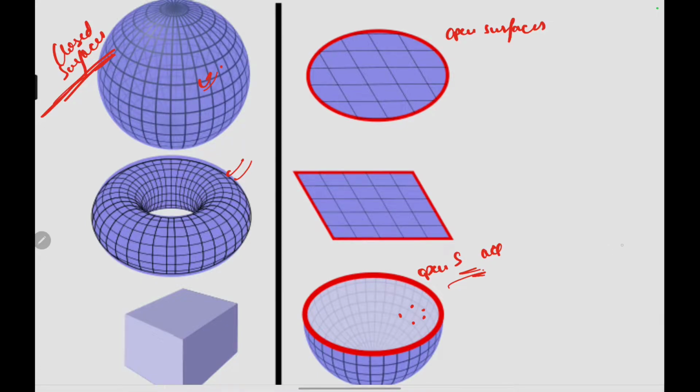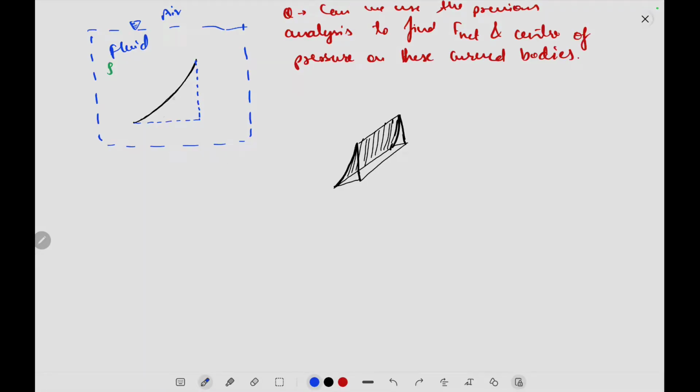Then let's come to our question. This is the question we want to answer. We had a curved surface and we want to find the force acting on this closed surface. We just argued that we cannot use the previous analysis to find the force value. So to solve this problem, we made some imaginary surfaces so that our given curved surface becomes part of a closed surface.